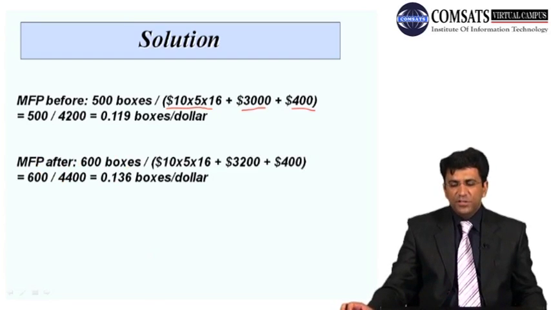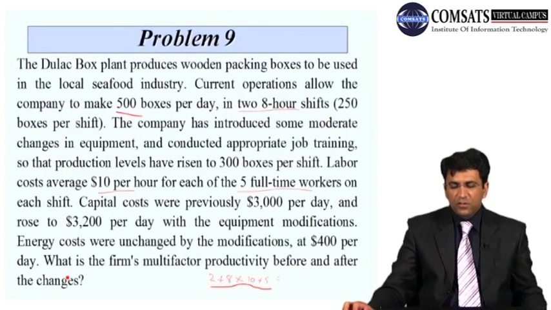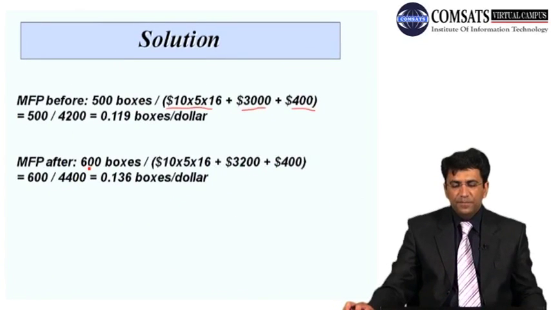Similarly, we can also calculate the productivity after the introduction of that equipment, and you can see the new output is 600. Again, 300 boxes per shift means there are 2 shifts, so total output will be equal to 2 multiplied by 300, which is 600, divided by the same.